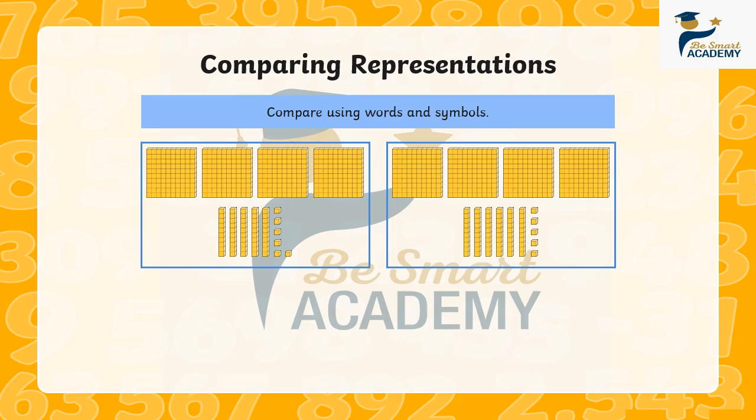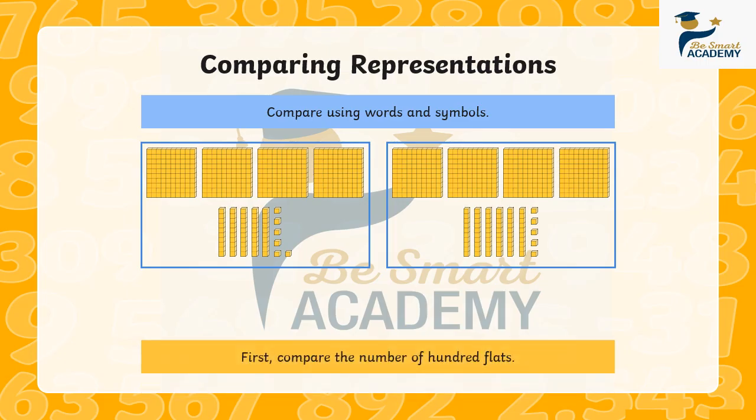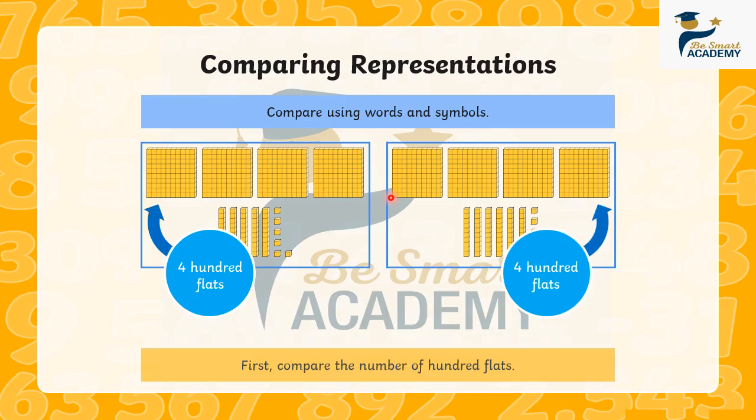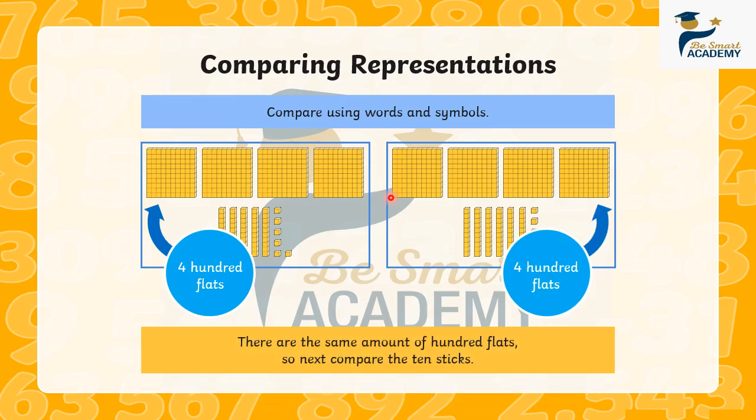Now let's make bigger numbers. As you can see here, I have to start from the hundreds. Let's compare the hundreds flats. I have 400 flats here and I have 400 flats there. Now we jump to the tens. How many sticks of tens do I have in the first number?